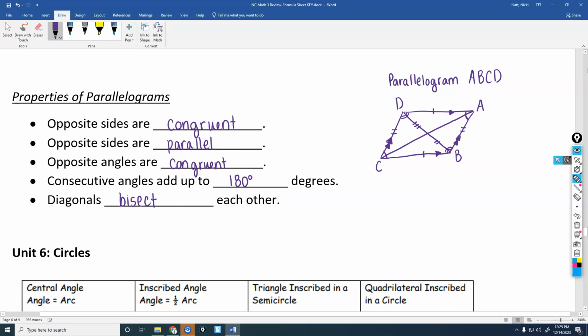I guess I need 3 for that, and this is congruent to this. Okay. Questions?